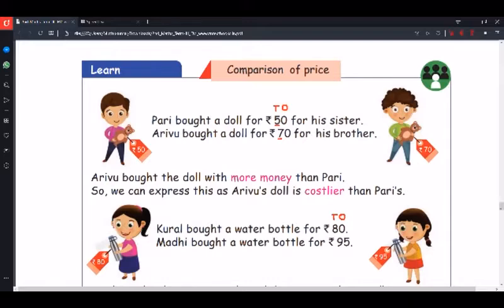Start with ones and then tens. So here 8 tens, isn't it? Kural bought a water bottle for rupees 80 and Madhi bought a water bottle for rupees 95, isn't it? So here 9 tens and 5 ones, isn't it? 9 tens and 5 ones.